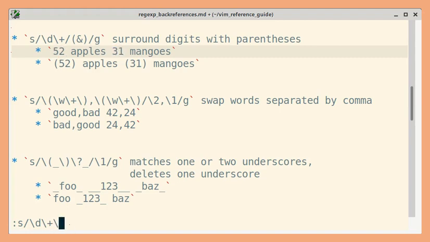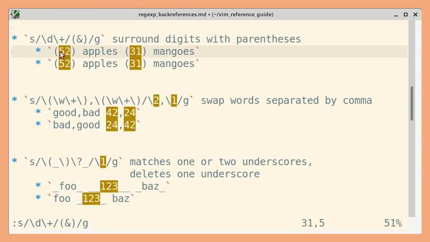Now we can replace it with opening and closing parentheses, and in between, the entire matched portion, which may or may not have other capture groups. Whatever text is matched in this search pattern can be referred to by using the ampersand key, or you can use \0. You can see numbers have been surrounded by parentheses.